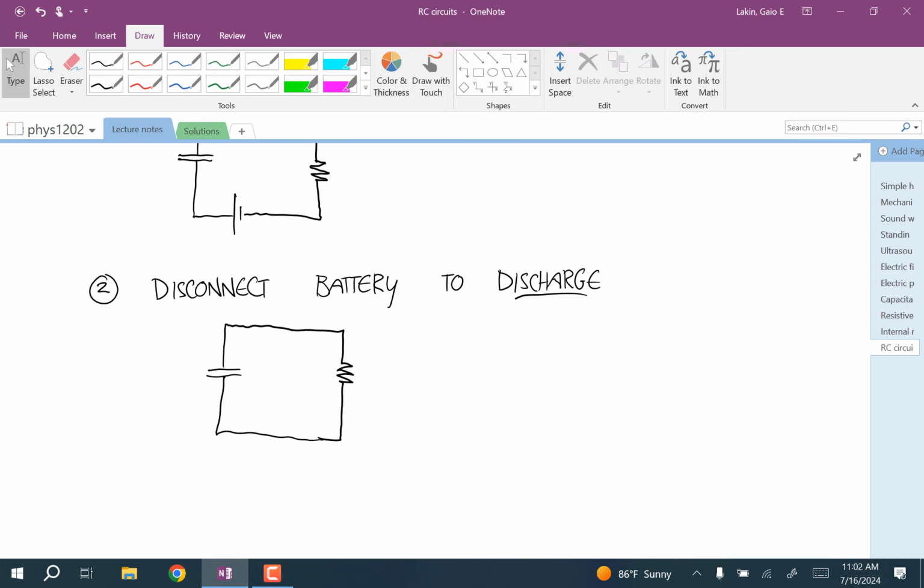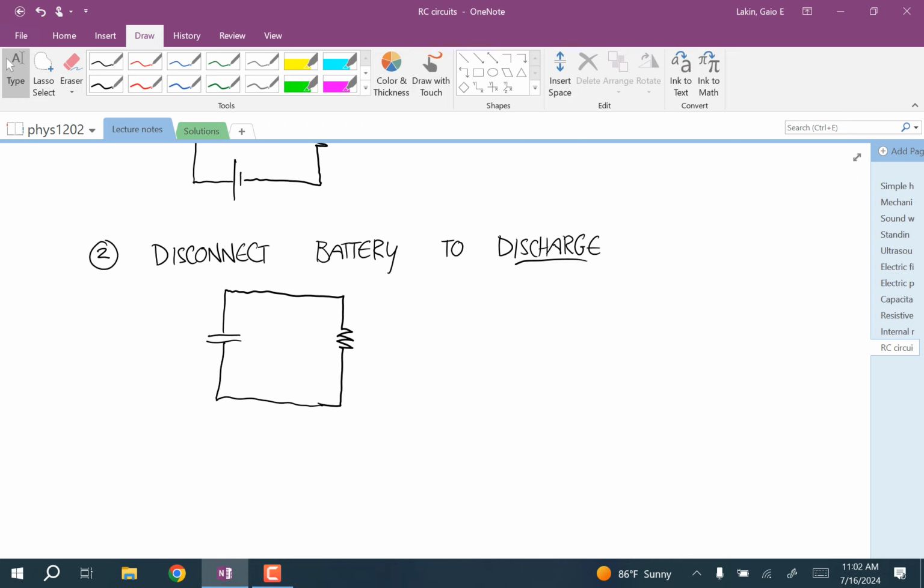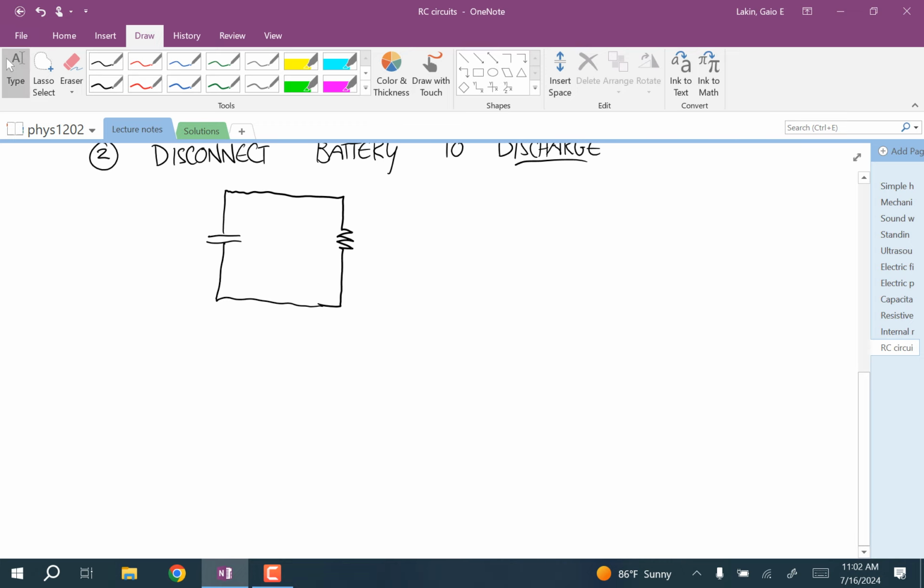Now, in practice, a lot of times you'll use a switch to go from one case to the other. So we can change from one case to the other using a switch.